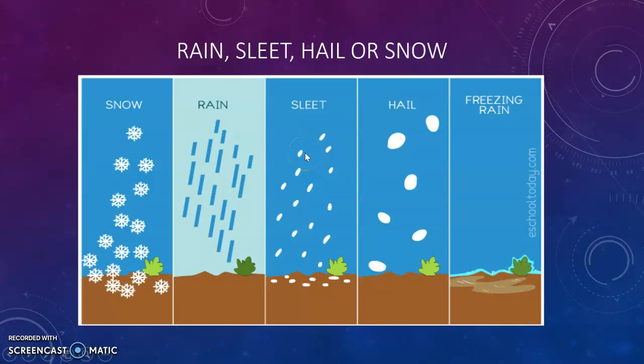Then we have sleet. That is when raindrops fall to the ground and then freeze, creating a sheet of ice on the ground. It's almost like a mixture of snow and rain. It's falling like rain, and then it hits the ground and freezes. And a lot of times you'll see black ice when that happens.